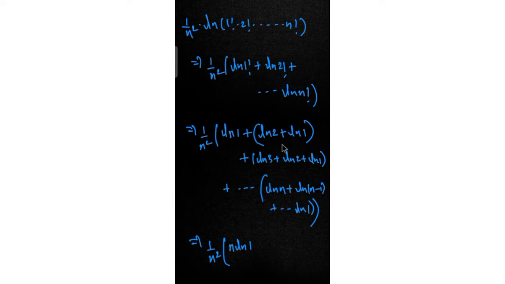Because in every term we are able to find ln 1, there are totally n ln 1. Except the first term, we are able to find ln 2 in all the terms, that means there are n minus 1 ln 2 terms. In the same way, n minus 2 ln 3 and so on. Fine, so this is how you will be expanding the very first term.